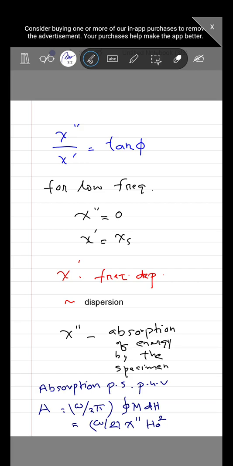So you can see that psi double dash is related to the energy absorption.